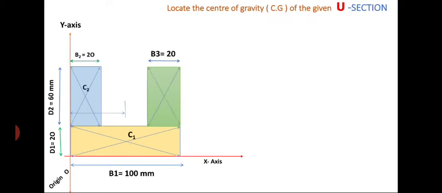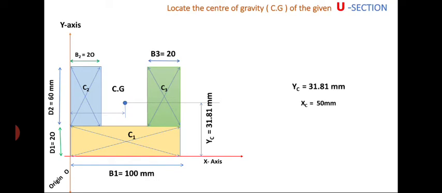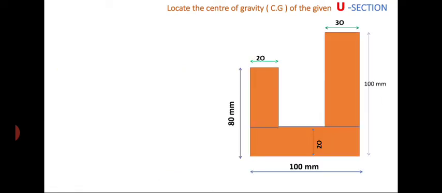C1, C2, C3 are the individual centroids, whereas CZ is the final centroid or center of gravity of the entire U section at a distance of xc equal to 50 mm and yc equal to 31.81 mm.